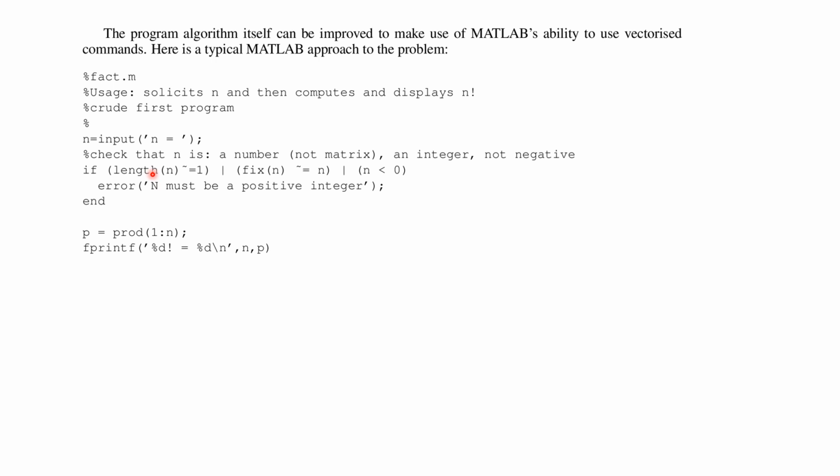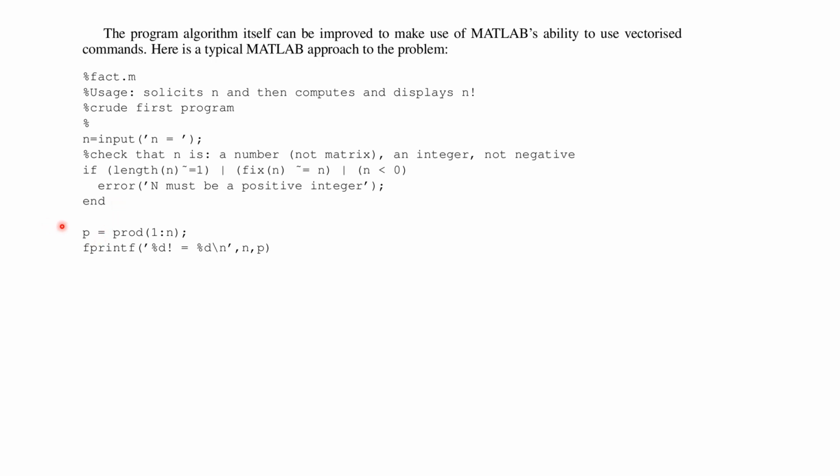So if the length of n is not 1, in other words, if this n is a vector or a matrix, or if fix(n) is not equal to n. Now, say n were 2.7, fix(n) would be 2, then these would be not equal. So for an integer, fix(n) must be just n, or if n is less than 0. So if any of these things occur, then the program will abort and produce this error message.